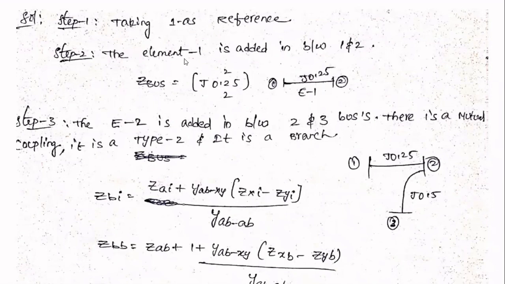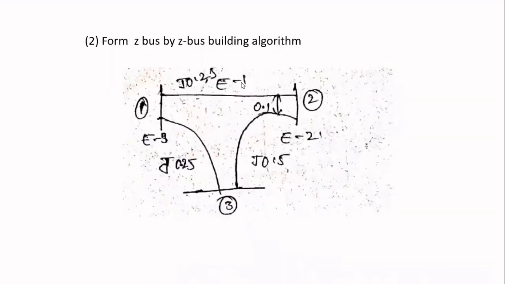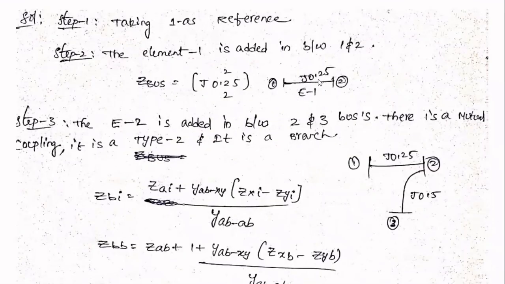Next, step 2. The element 1 is added between 1 and 2, and its value is 0.25. If the element is added between the reference and a new bus, then it is a type 1 modification.